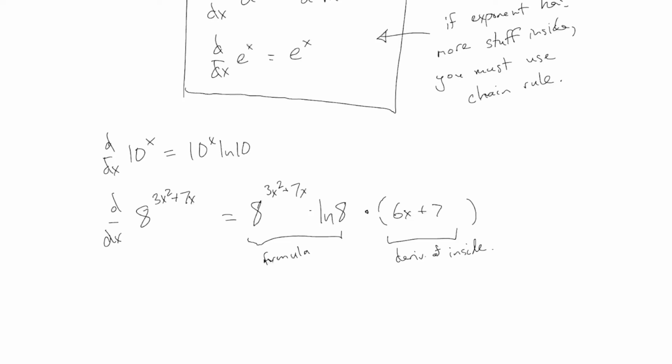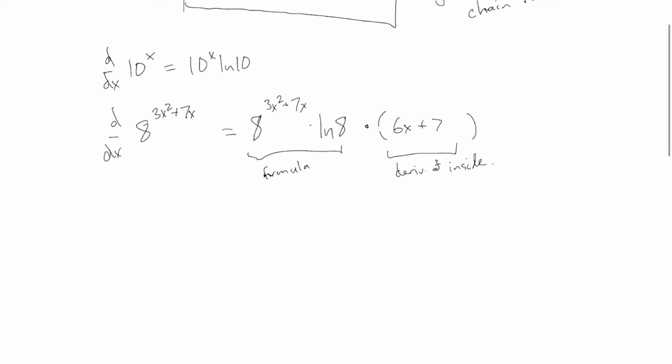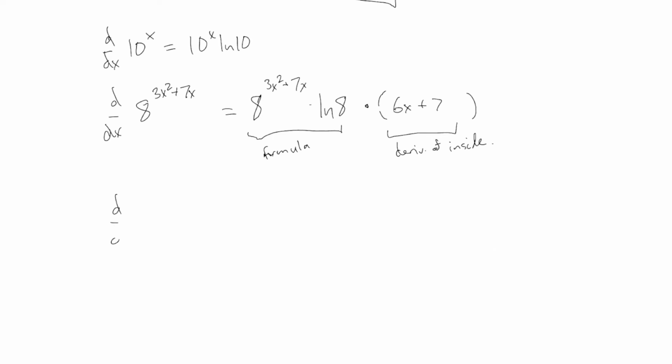This is what you've got to do if the inside of the exponent has more complicated things in it. All right? And then, of course, there are other variations on this. It may be that you have to use the product rule or the quotient rule at some point. For example, if I had something like the derivative of 3x squared plus 8x plus 1 times 3 to the power x.